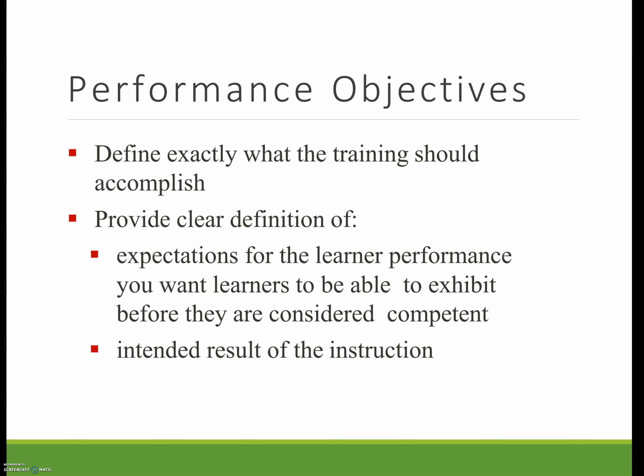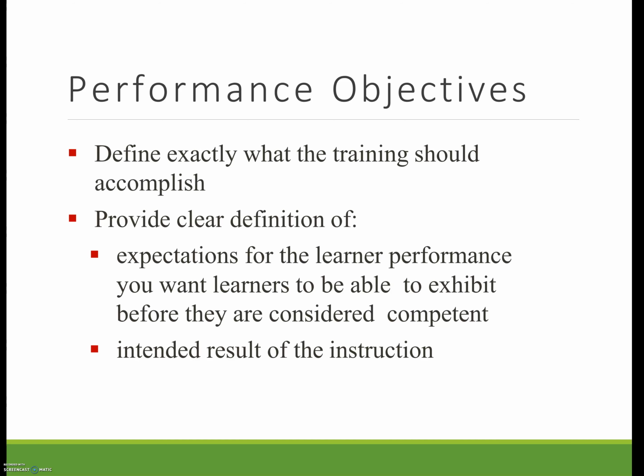Okay, so performance objectives. Of course, these are the things that define exactly what the training should accomplish in a more specific way than your instructional goals. Performance objectives are indeed informed by instructional goals, but they take it a bit further and move into the criterion, conditions, and measure of the specific objective.